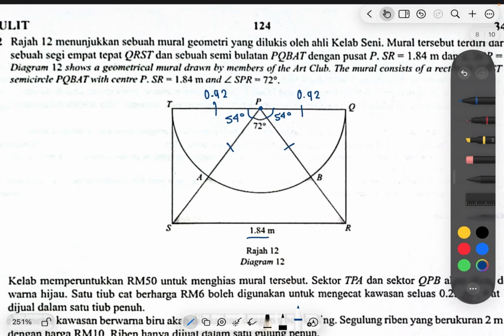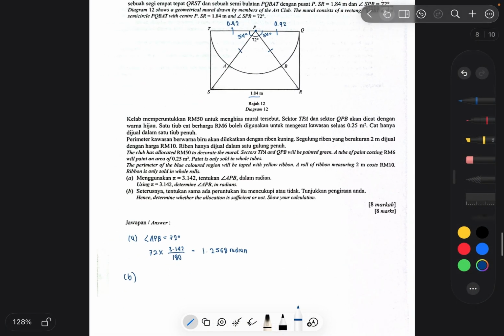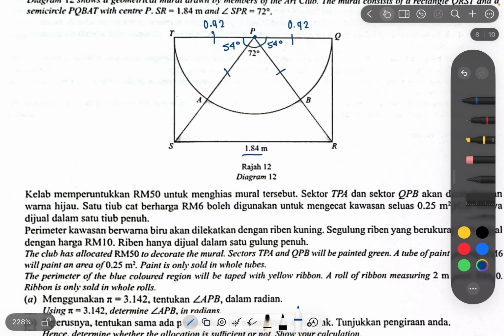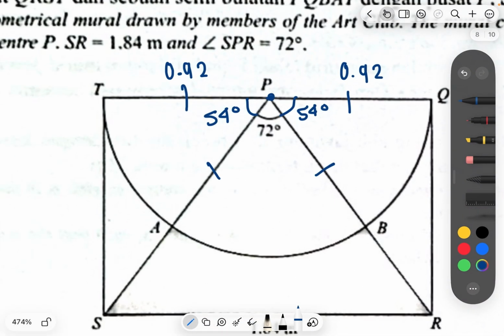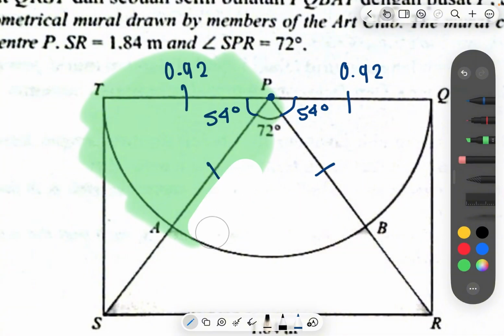First, the club has allocated 50 ringgit to decorate the mural. Sectors PPA and QPB will be painted green. So this will be painted green. Should I do the effort and paint this in green? Sure.